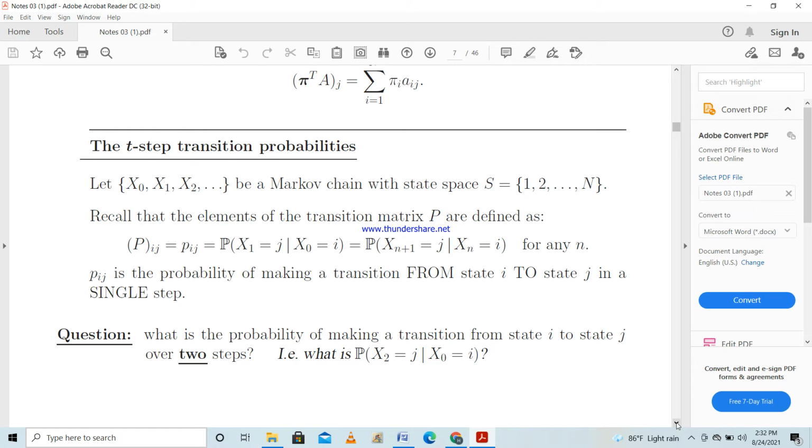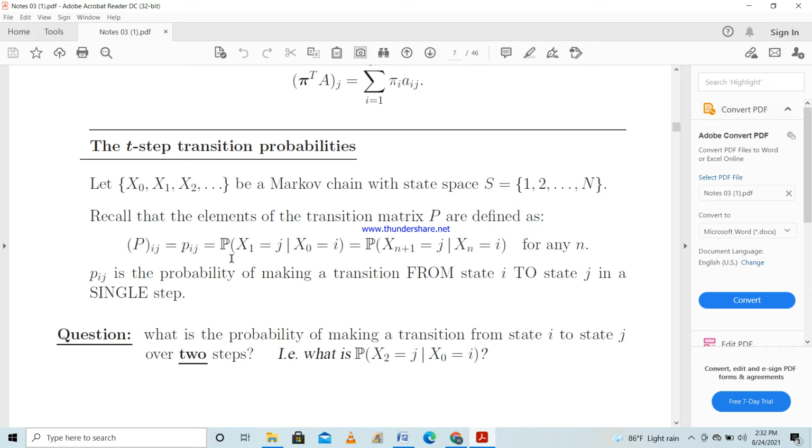transition probabilities. Now let's say we have a Markov chain. Let's say we have x0, x1, x2, and this is a Markov chain with the state space going from 1 to capital N. So if you take Pij, the transition matrix is defined as P. The Pij element is, you are starting from state i and you are going to state j.